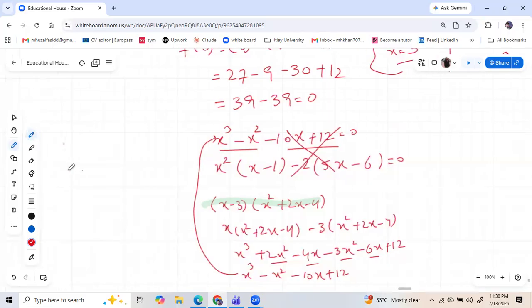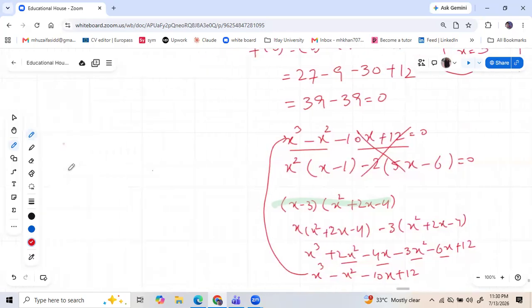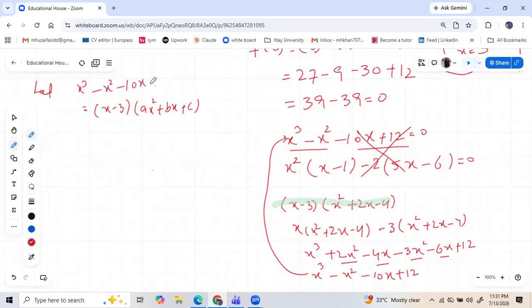Look at it here. We have x minus 3 times a of x square plus b of x plus c. Can you remember it? We are writing this, and let this be our equation: x cube minus x square minus 10 of x plus 12.